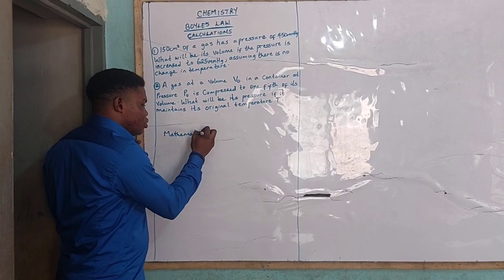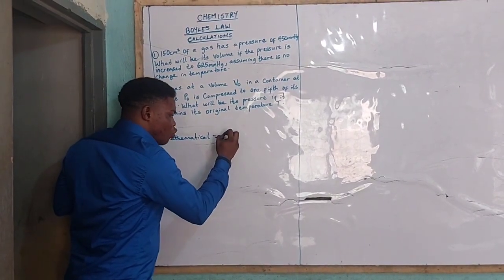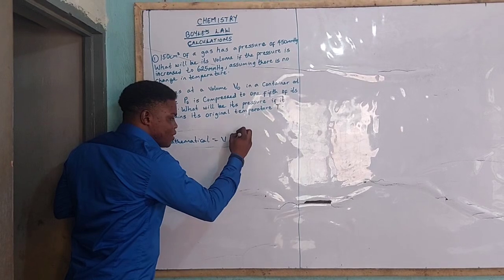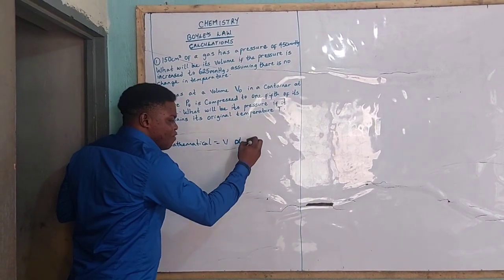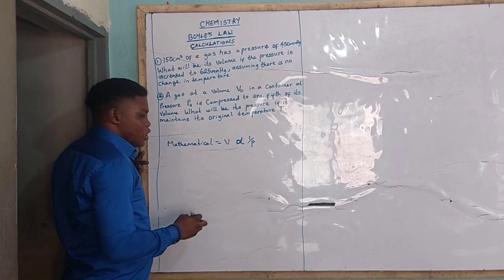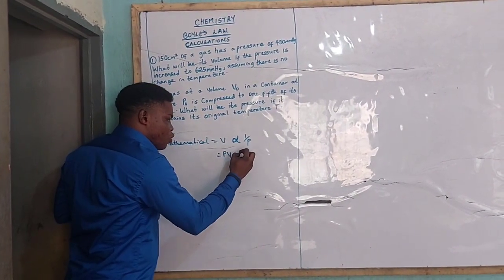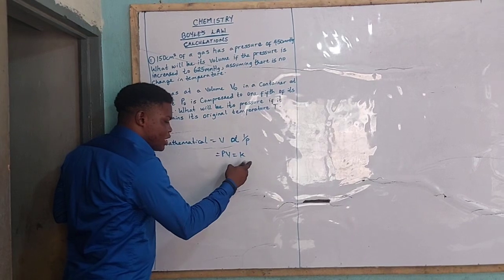The mathematical expression of Boyle's law is given as volume is inversely proportional to 1 over P. Do you understand that? So we also have PV equals K, introducing the constant K here.